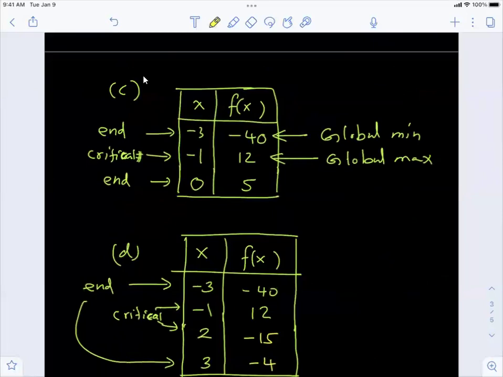Now, once you have it, you can compare them, right? Which one is the global max? Or sometimes we can call it absolute also, right? Still, this is absolute minimum. Absolute maximum is right here. So check your computations.